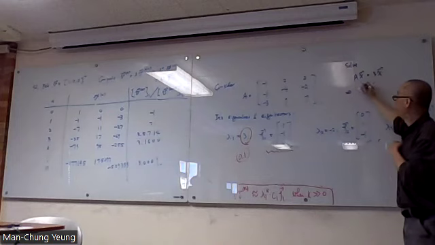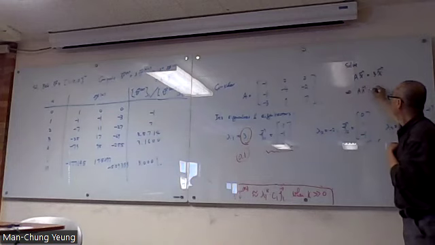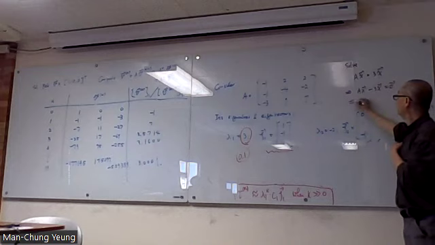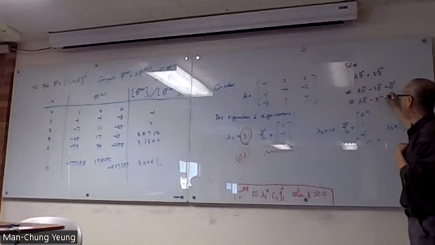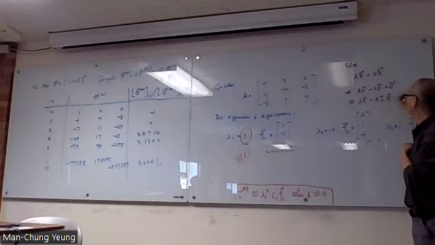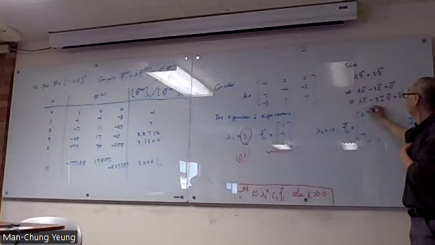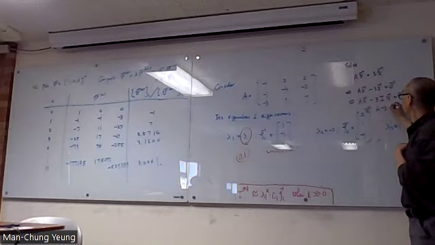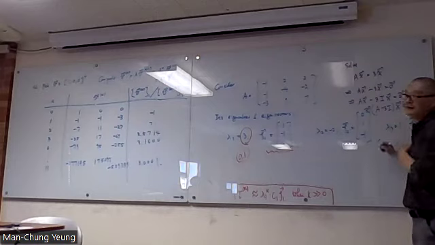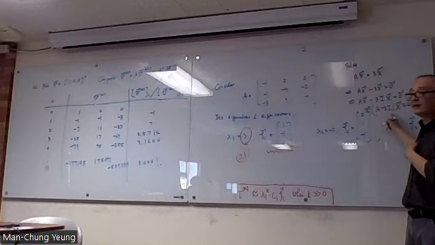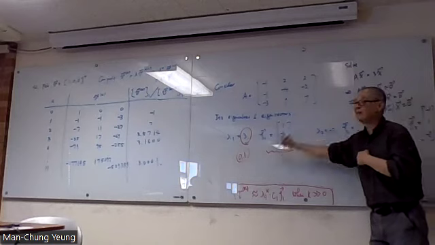Move the right side to the left side, and then write number 3 as 3 times the identity matrix. It's 0. Then A minus 3I times the vector x. Solve this linear system to get psi 1.